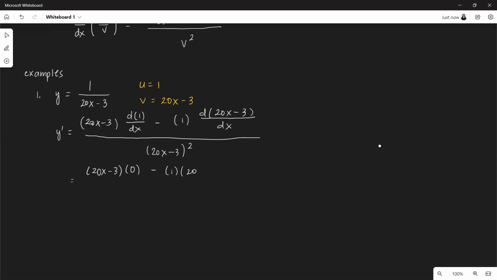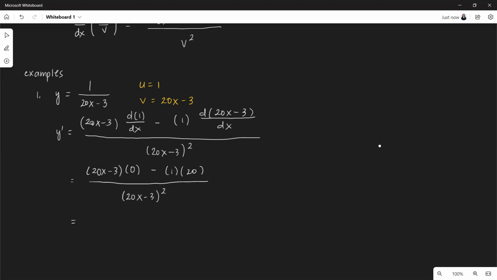So 20 minus 0, or just 20. And then just copy the square of 20x minus 3. You don't need to expand this binomial, so just write it as the square of 20x minus 3.